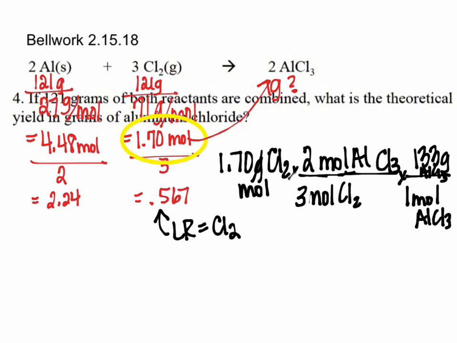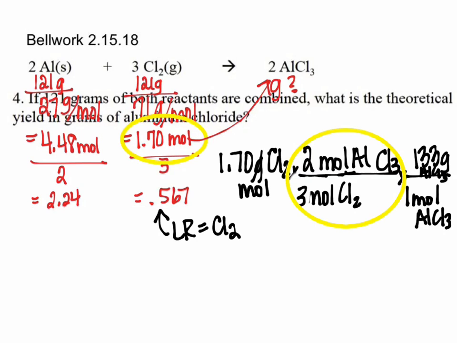The one thing I need you to recognize too is that all the conversion factors, the molar mass conversion factors, are always over the same compound. The only time you have 2 different compounds in the same conversion is right here in the mole ratio.